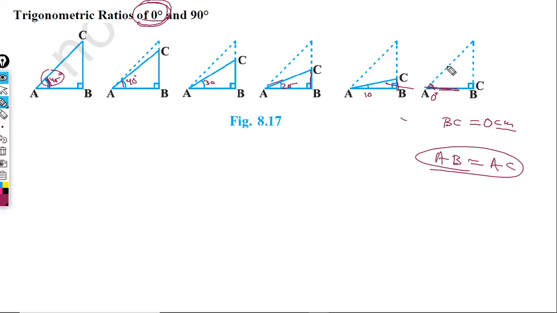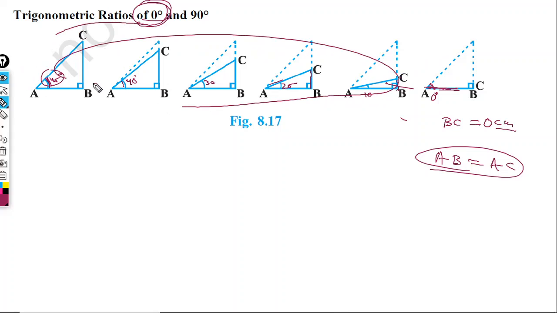For 0 degree, there is no need of all this figure, we will only read this figure. To make you understand, I have copied this figure from your book only. Now we will find the different trigonometric ratios for 0 degree.